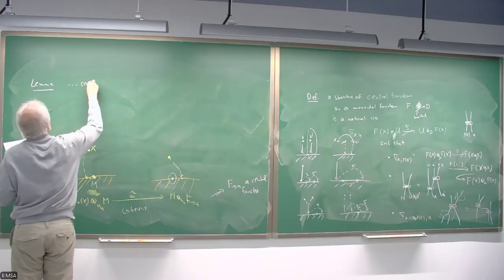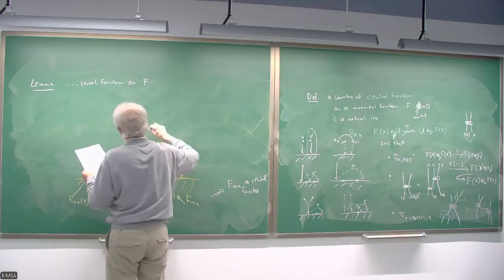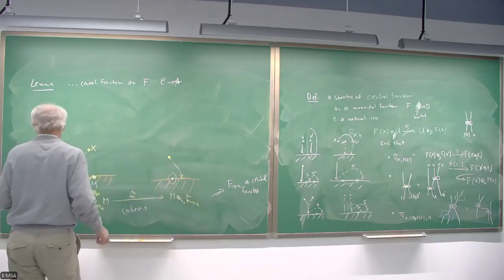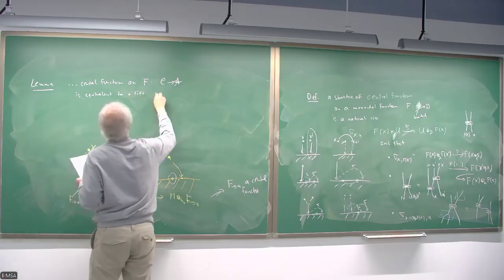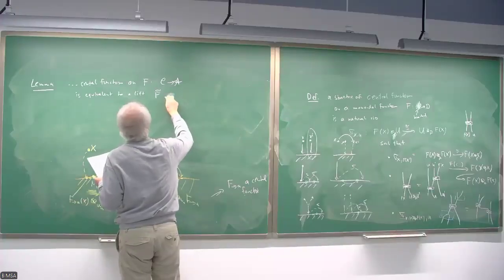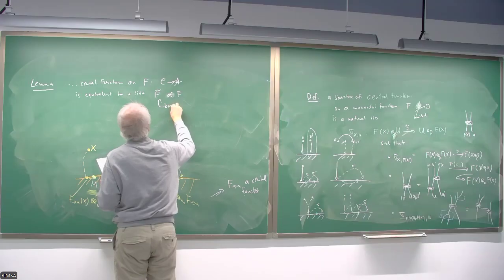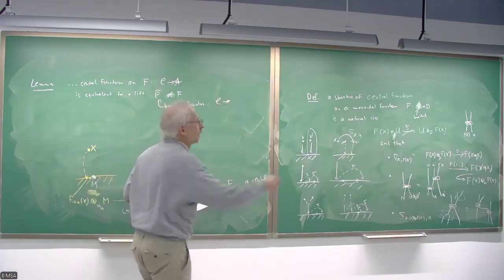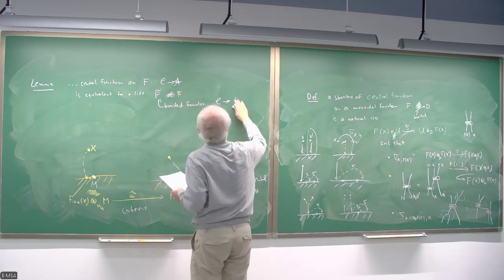The structure of a central functor on a functor F from C to A is equivalent to a lift F tilde of F to a lift of L, where this is a braided functor from C. Remember, C was braided, A not necessarily braided, but to get something braided, I take the Drinfeld center.